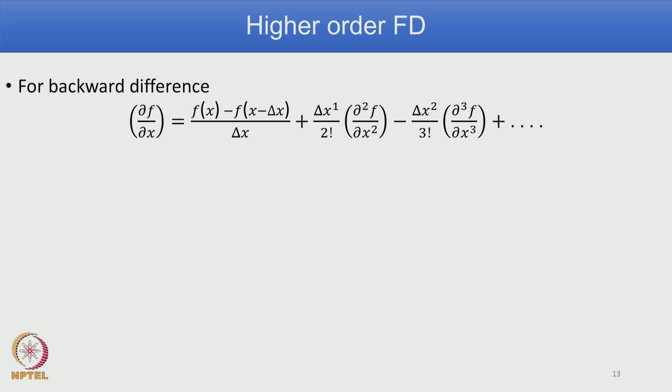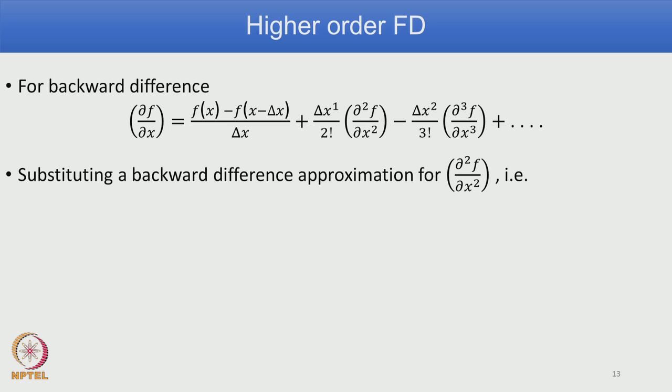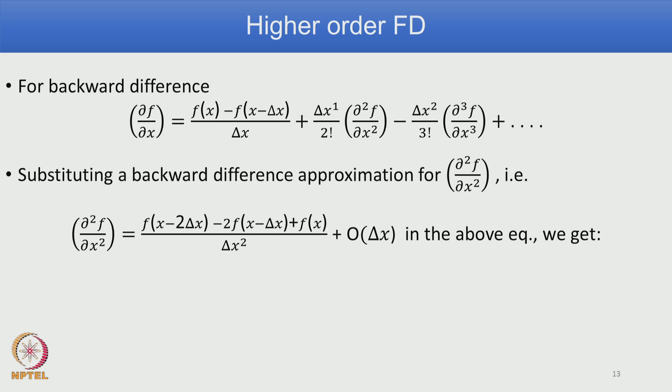This was already obtained, and we follow the same procedure, that is, for the next term, the second derivative, we replace it by the backward differentiating formula that we obtained, shown here as f of x minus 2 delta x minus 2 f of x minus delta x plus f of x by delta x squared, and this is of order delta x.